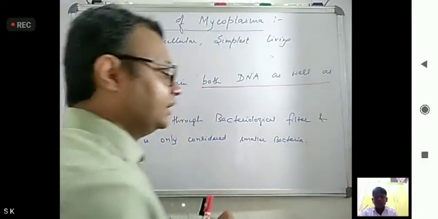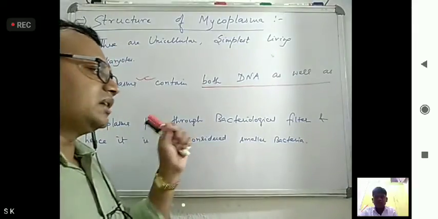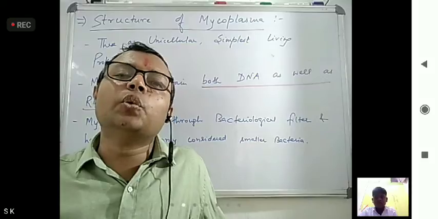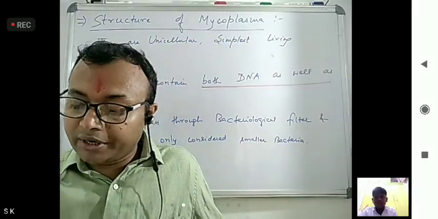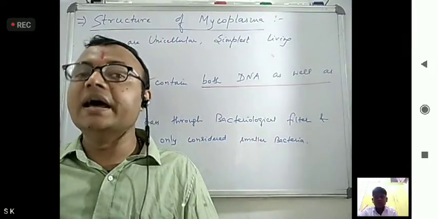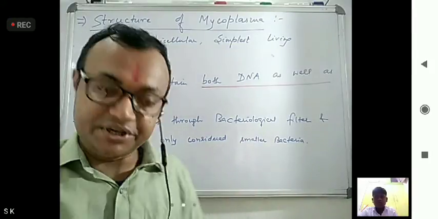Now which passes through bacteriological filter may be known as a virus, but it is not virus. Why it is not virus? Since they can multiply in abiotic medium.